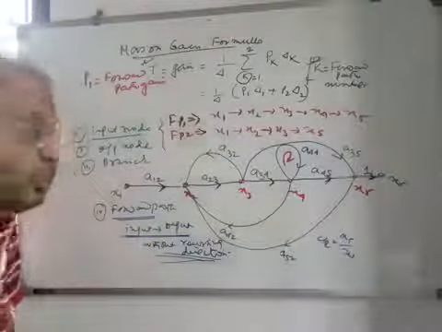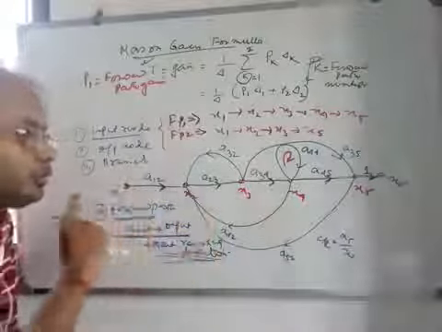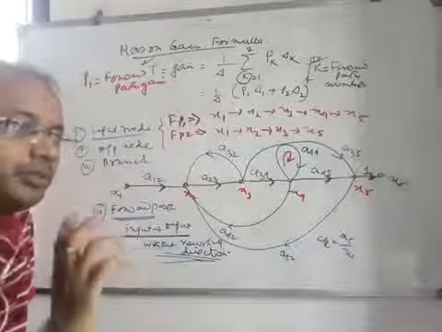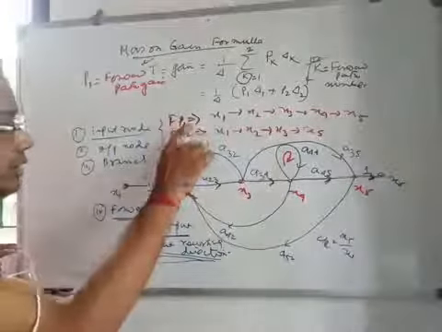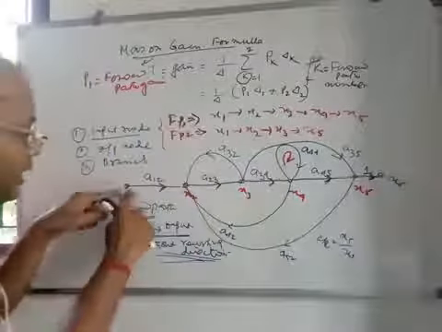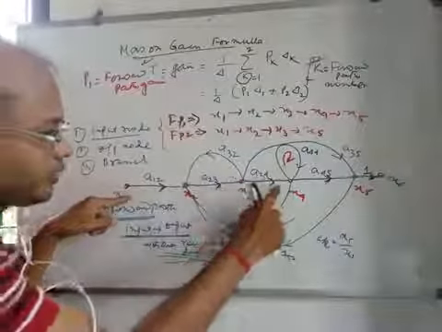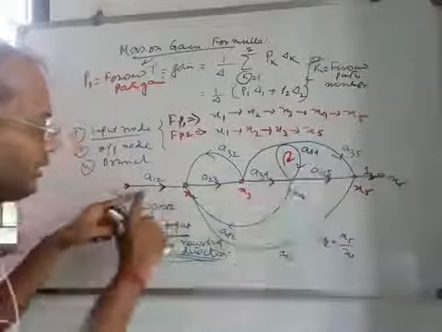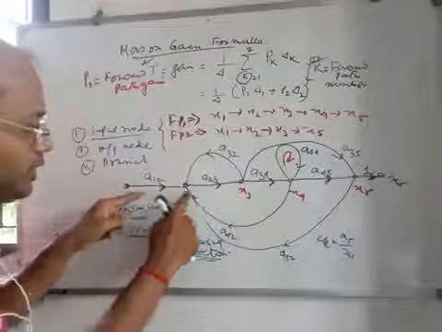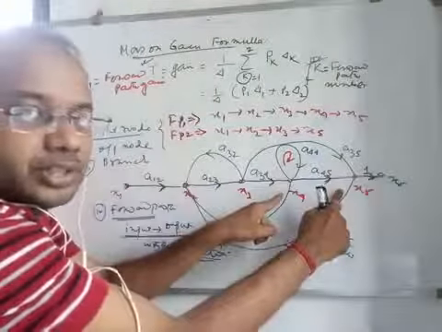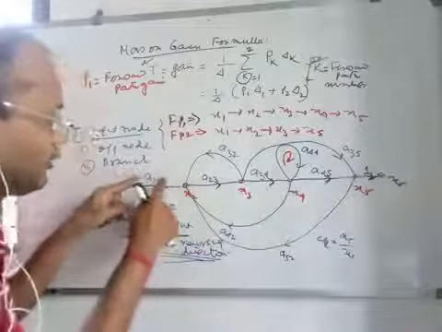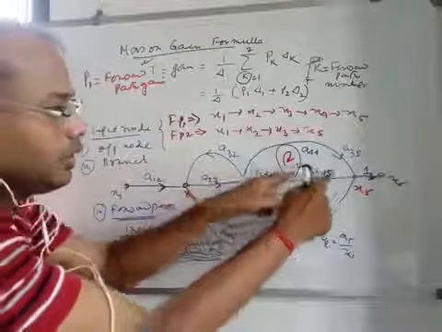So what is the path gain then? Path gain means once the signal moves through any path, what are the branches it will cover? Say for example, forward path 1 goes from x1 to x2 to x3 to x4 to x5. So what are the branches you have crossed? x1 x2 branch, x2 x3 branch, x3 x4 branch and x4 x5 branch, right? So what are the branch names? a12, a23, a34, a45.